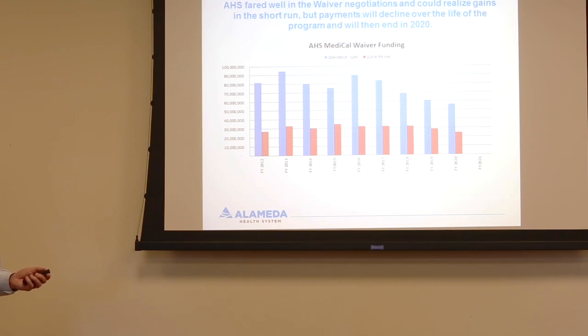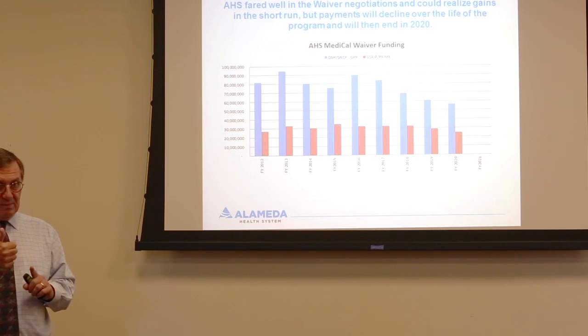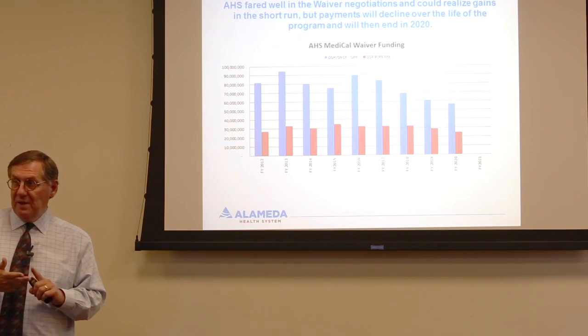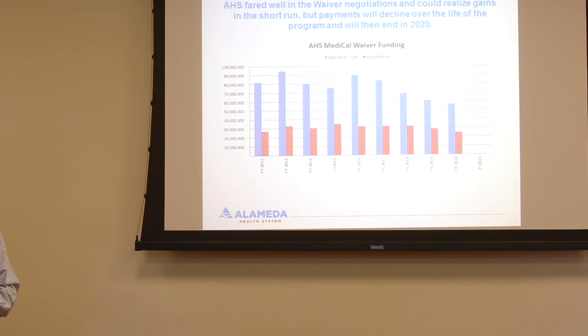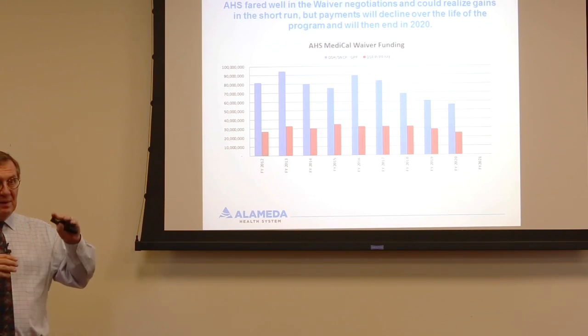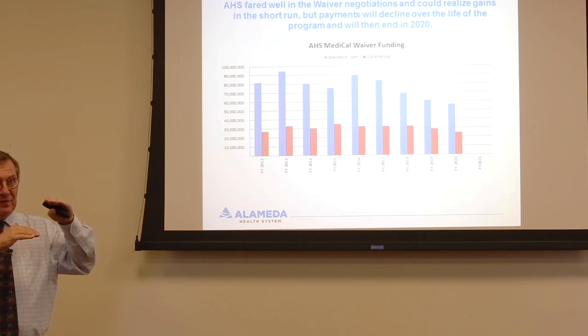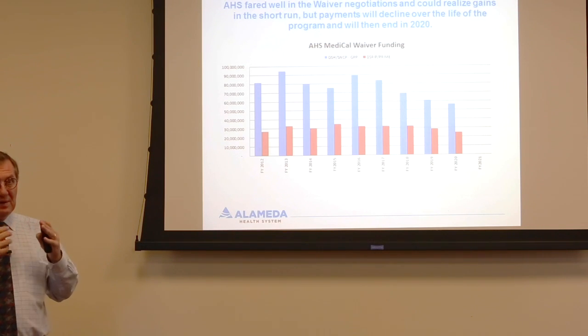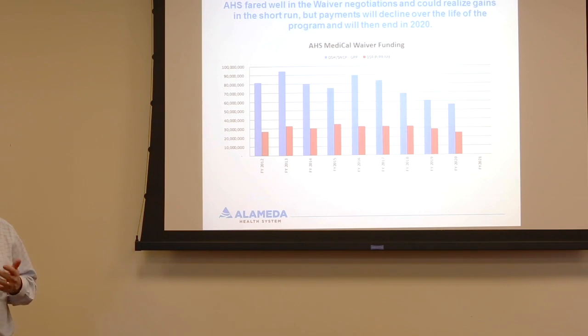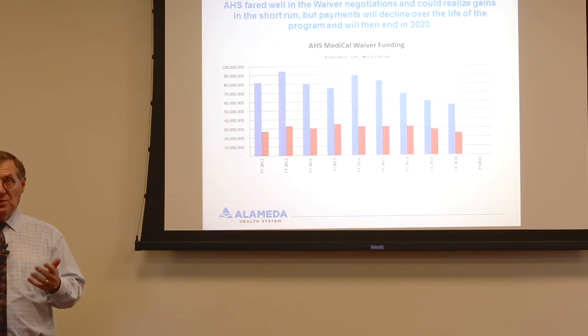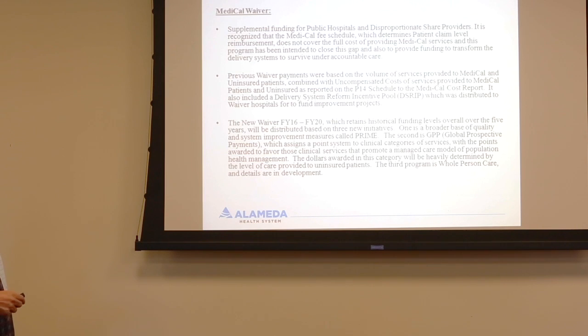To do that, you have to demonstrate that you can provide access by providing services, and that you can achieve quality metrics. That's value. Cost and benefit in terms of quality is value. So the government's saying, we want to make sure we're getting value for the money we're giving you, and we want you to restructure. And that's what this goes through.